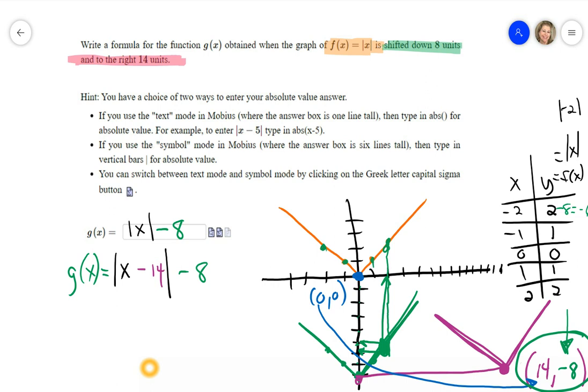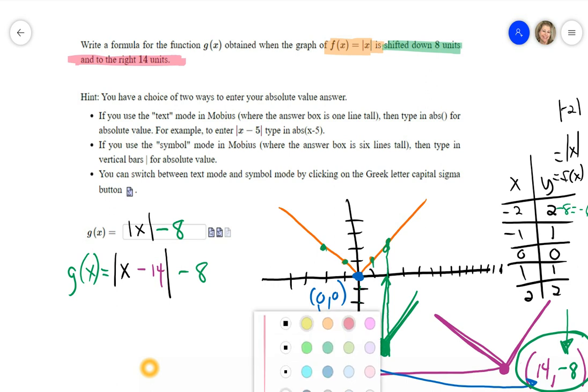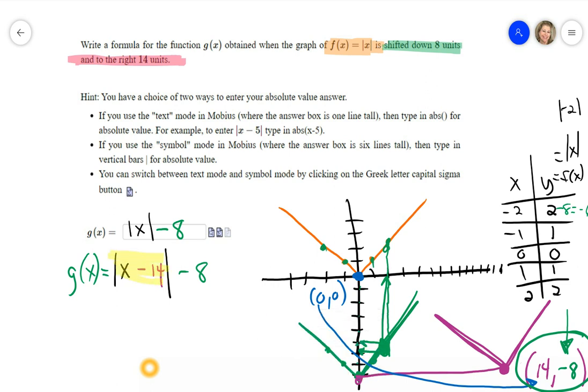In order to get the negative 8, this thing has to ultimately become a 0, so that then you have 0 minus 8, which will equal the negative 8, which is the y coordinate that goes with that 14. If that makes any sense. When you put 14 right here, 14 minus 14 gives you 0.